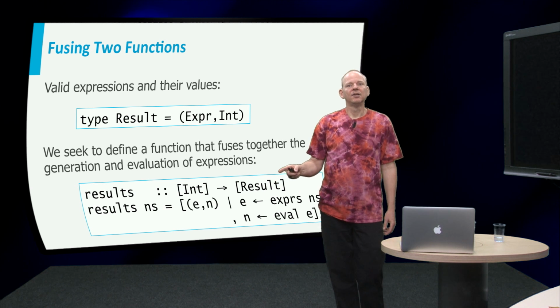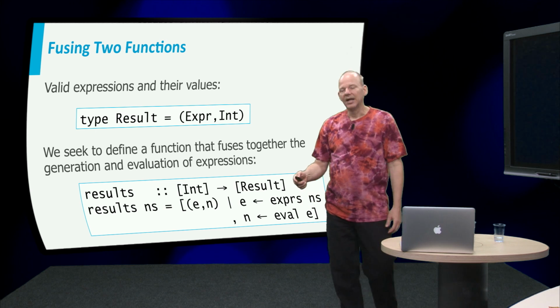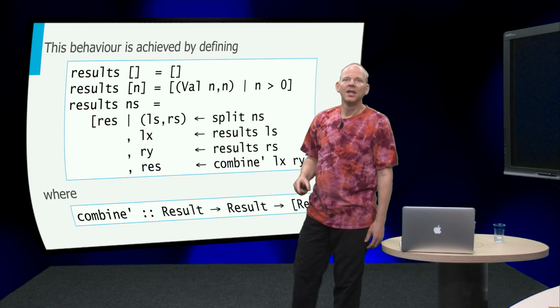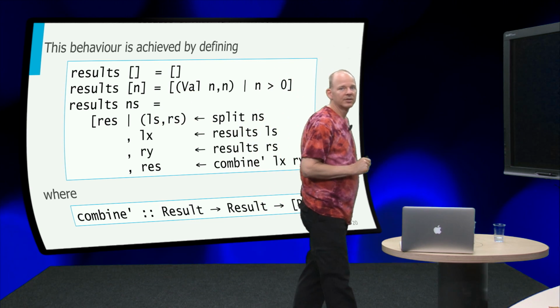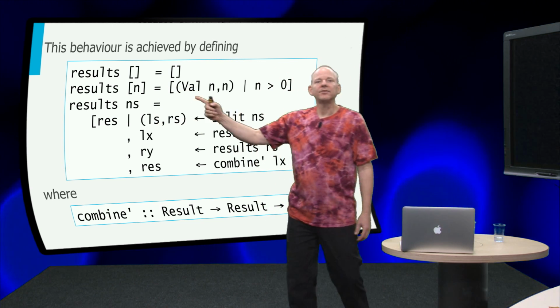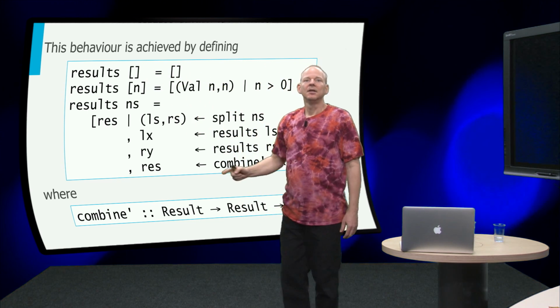We're going to define a function that will combine the generation and the evaluation, and the way we can do that is as follows. If we want to find the results for the empty list, that's the empty list.